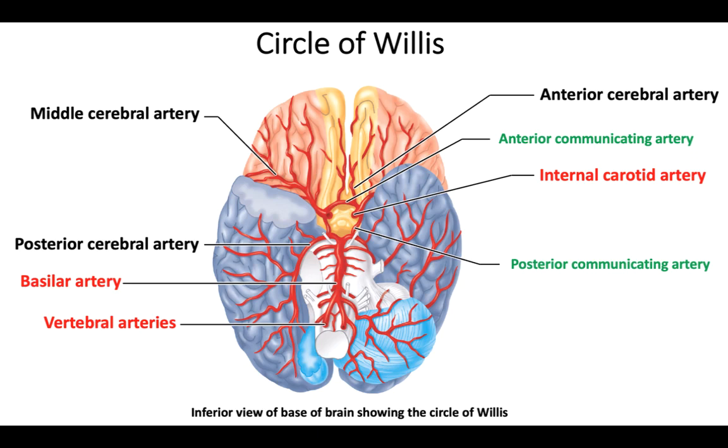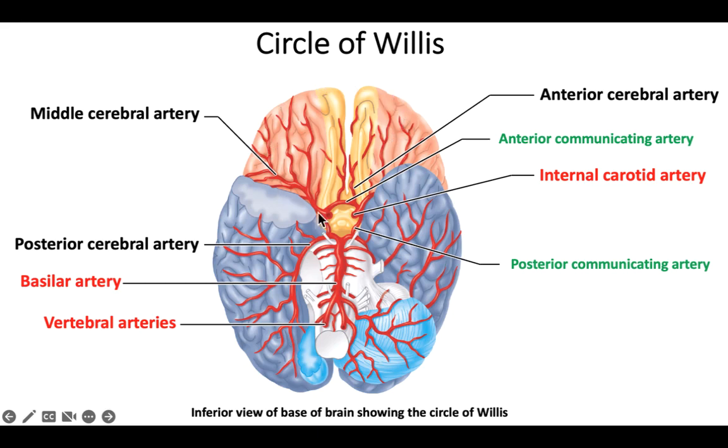So what I tried to do is color code these. So the arteries that are shown in red are bringing blood into the circle. The arteries shown in green are kind of forming the circle. And then the arteries in black are the ones that bring the blood out of the circle to specific areas of the brain.